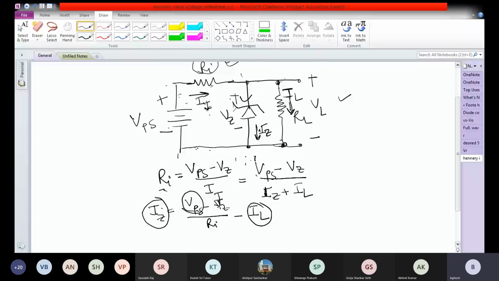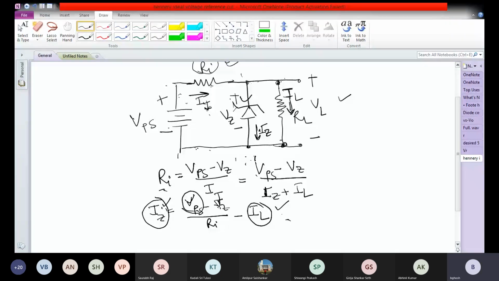So on one side, the minimum possible Zener diode current occurs when Vps is minimum and IL is maximum, and that defines the region where the Zener diode has to work in the Zener breakdown region. So that will be the minimum current for which the Zener diode has to maintain working in the Zener region. It cannot come out of the Zener region.